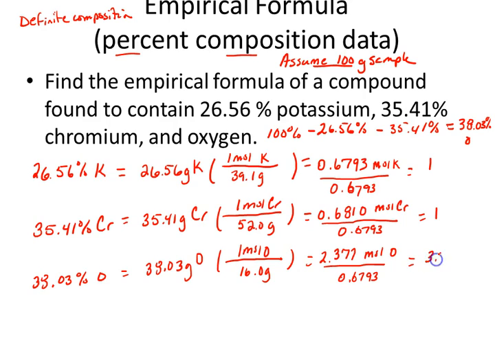This rounds to 3.5. We have a fraction here, 3.5, so we want to clear that up by multiplying everything by 2. Because 0.5 is 1/2. So that's going to equal 2, 2, 7. So this becomes K2Cr2O7, which is probably potassium dichromate. Don't forget to clear the fraction at the end.